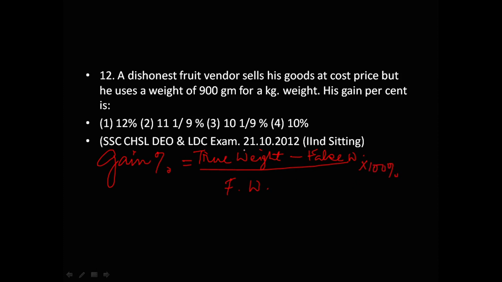True weight actually means SP and false weight is CP. So true weight minus false weight divided by false weight into 100%.